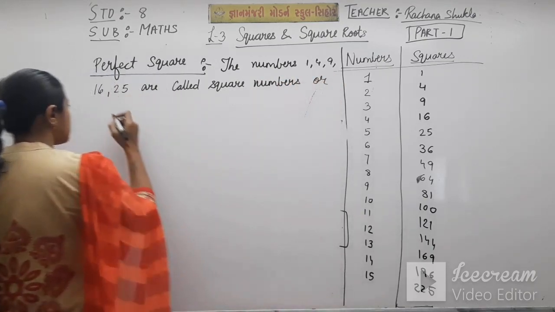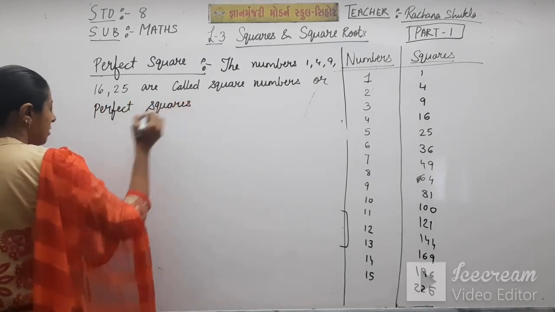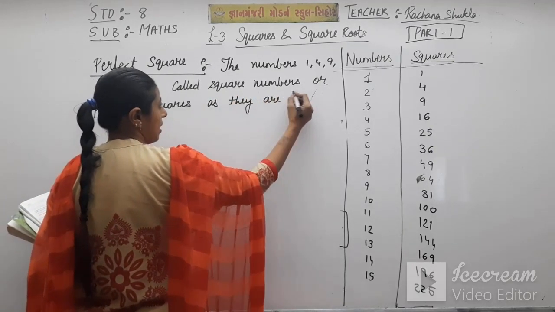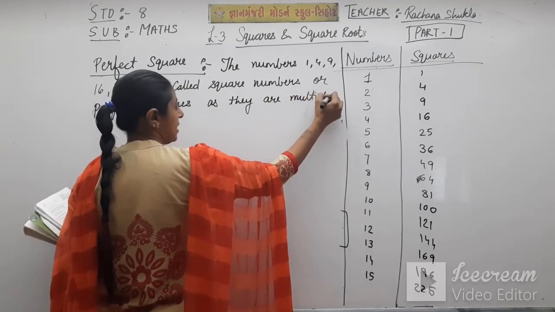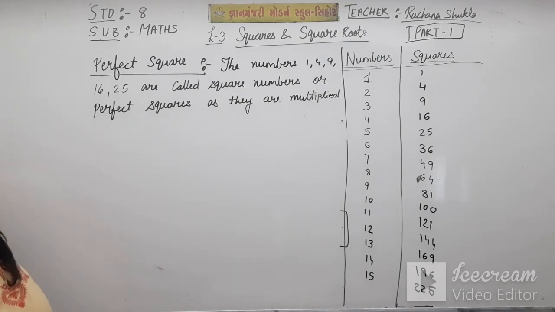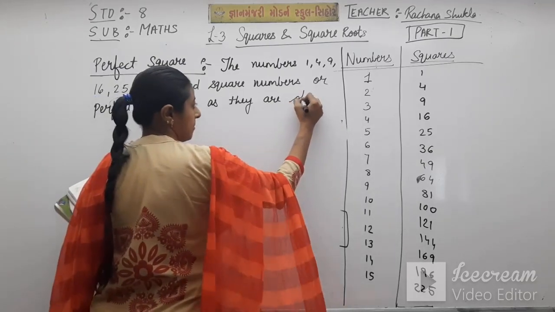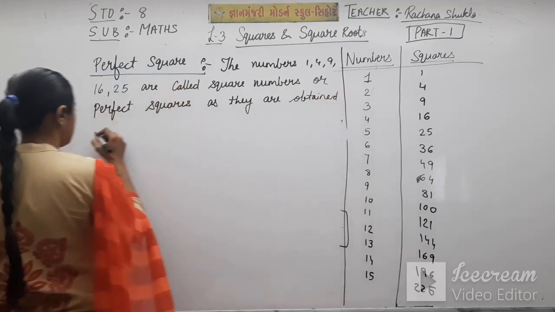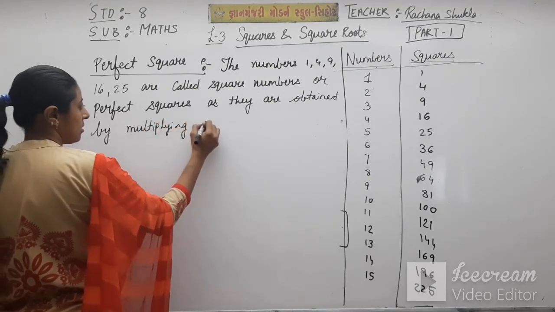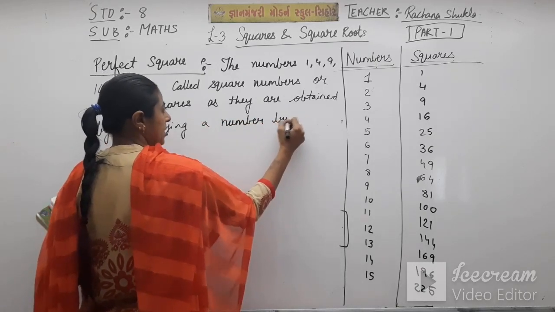or perfect squares as they are obtained by multiplying a number by itself.